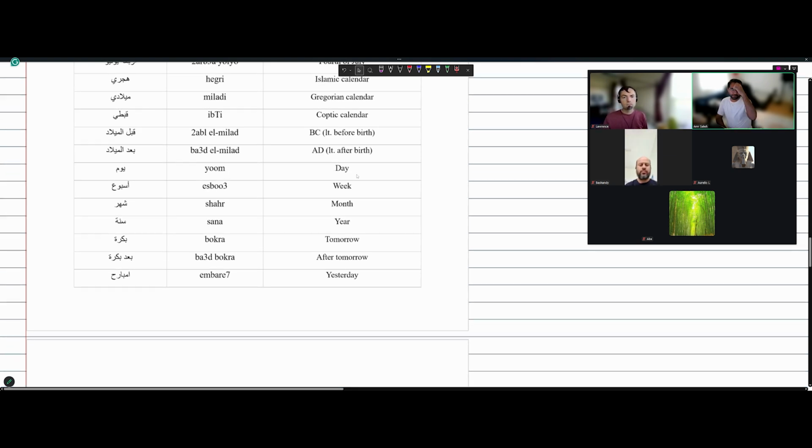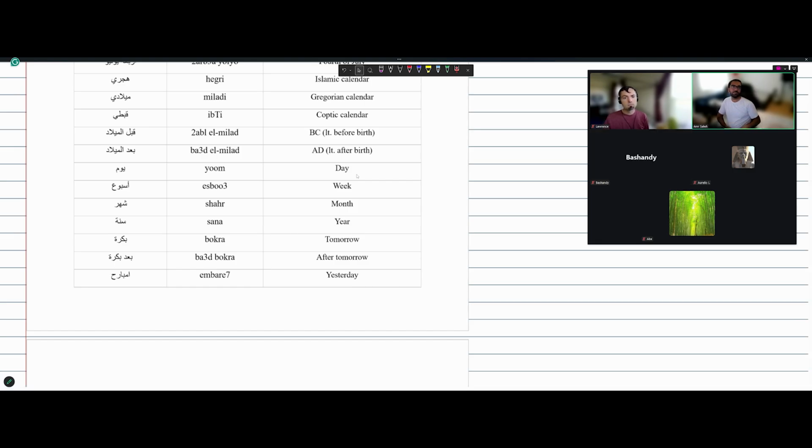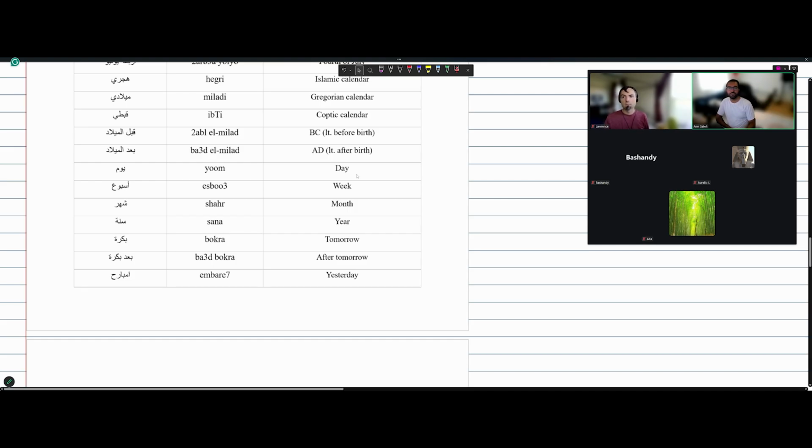The days, so you have day is Yom. So if you're not in Hebrew or in Judaism, you have Yom Kippur. That's the same word, day. Isbua would be week. You can see also the word Saba inside it. So Isbua is 7 days, so it's a week.